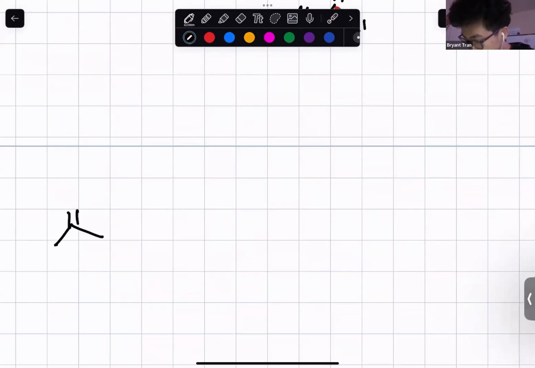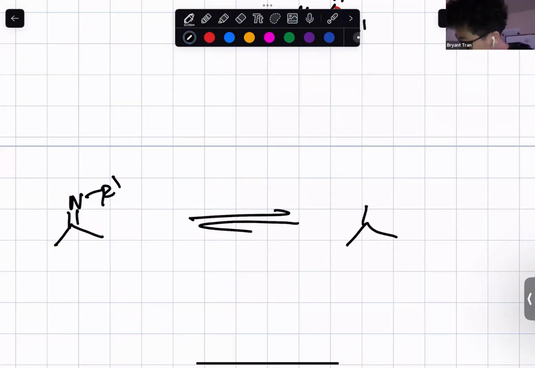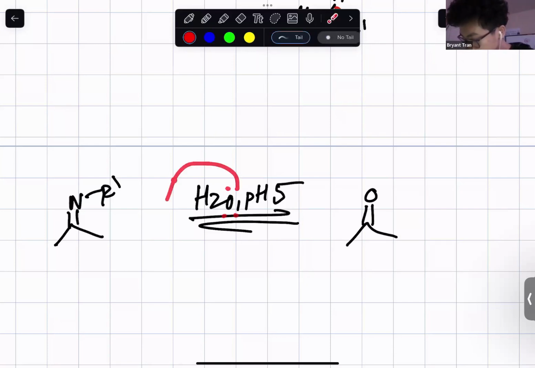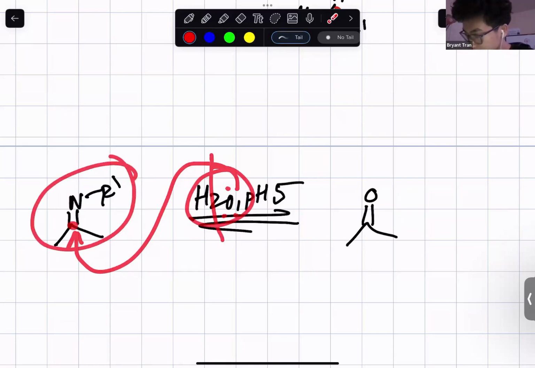Let's say we have this imine here, and we want to convert it back to the carbonyl, carbon double bond oxygen. What we want to do is use water and acidic conditions, the pH 5. So same exact thing. This water here cannot attack the imine right away because this is a weak electrophile. This is a weak nucleophile.